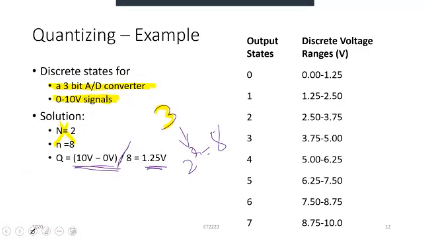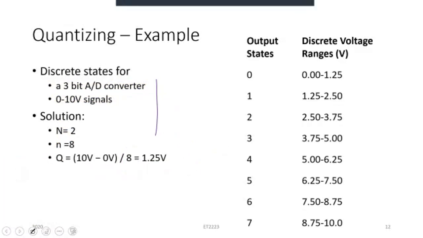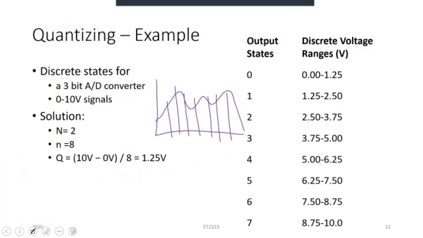Now say we have sampled and we have observed the signal. So this is the signal that we have observed. For each of these samples, we are going to get different values. So let's say the first one, we sample and we read 2 volts.